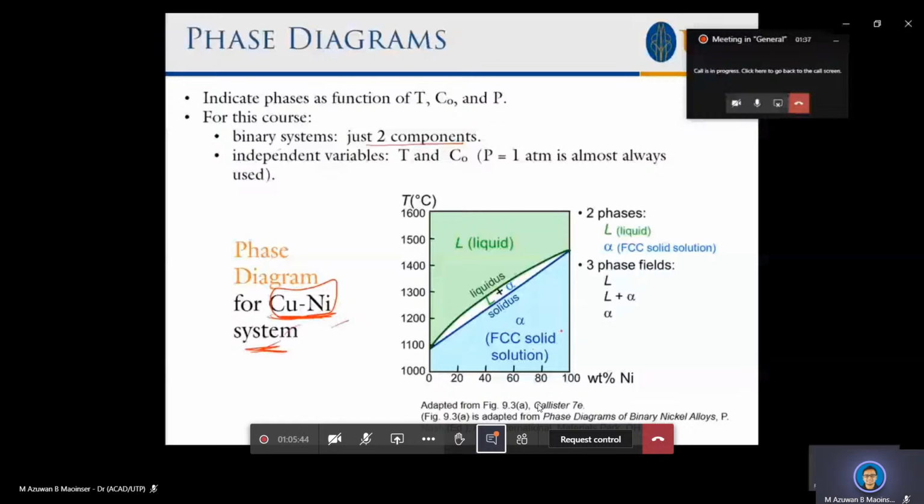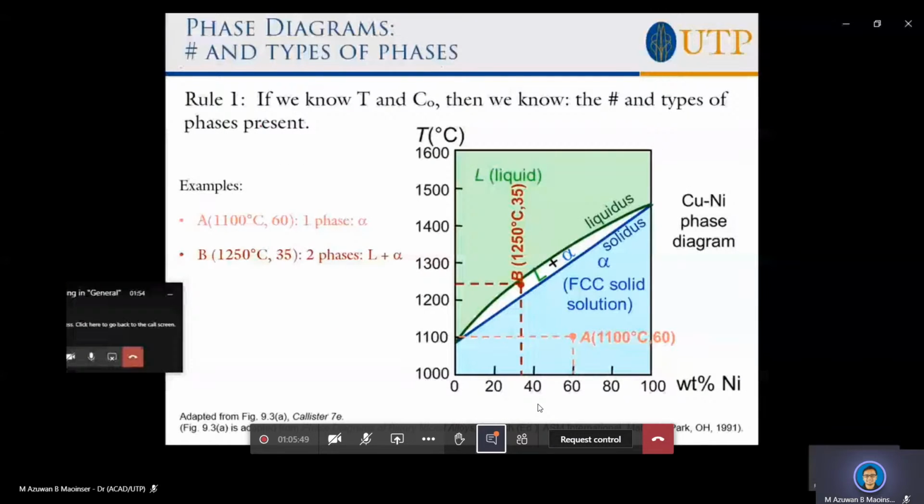Rule number 1 says, if we know the temperature and we know the composition, C0, the composition of interest, then we know the number and types of phases present. Two variables need to be fixed, then you can spot your location on the phase diagram. So it's important to locate your place on the phase diagram.